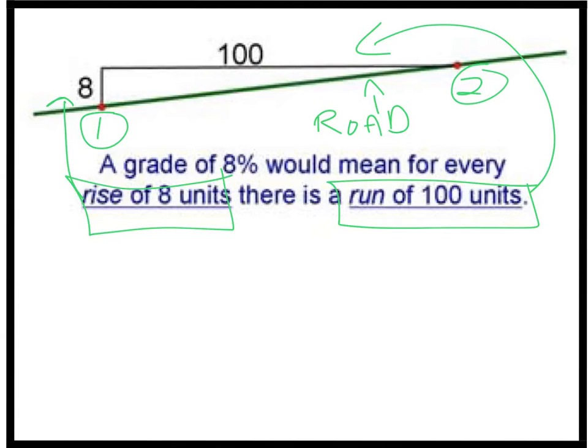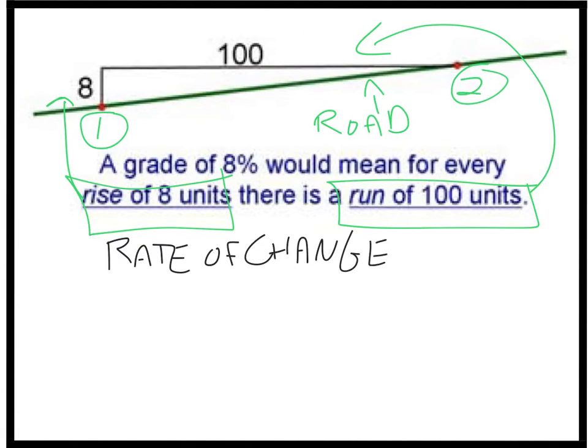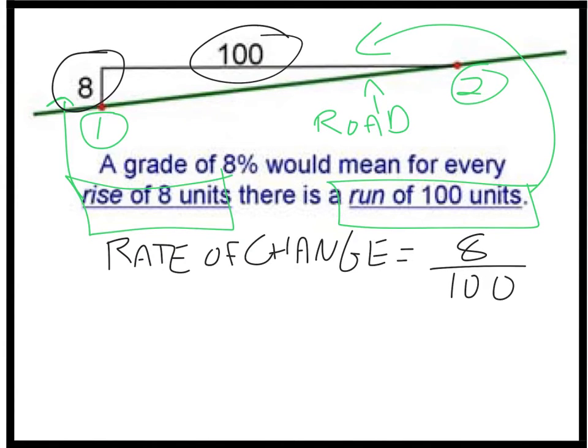So in order to determine our rate of change, we're going to put our rise over our run. Well, our rise is 8, our run is 100. So our rate of change would be 8 over 100.